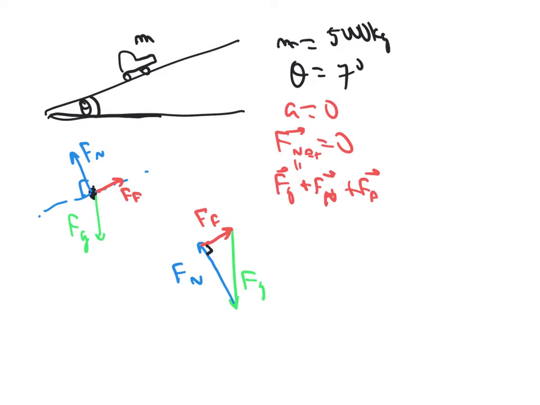And the real question then is, how do we get our angle theta into this particular triangle? So I'm going to go back up to the picture here, and I'm going to sort of cheat and say, well, this was my FG, and this is my Fn, and this is my FF.